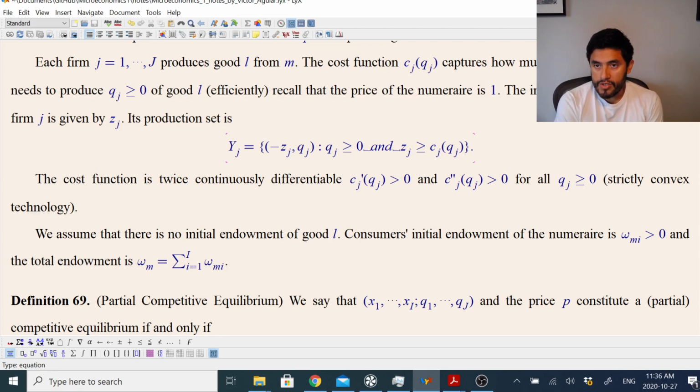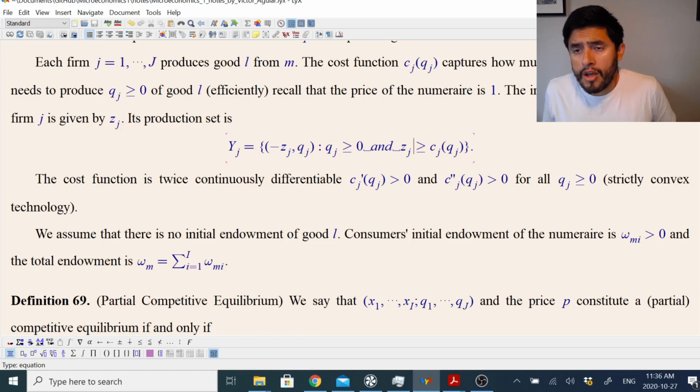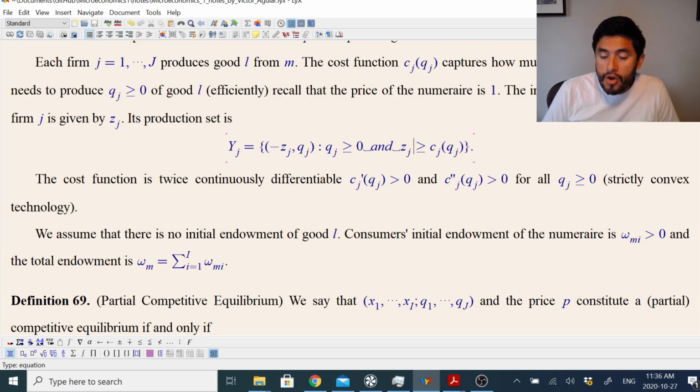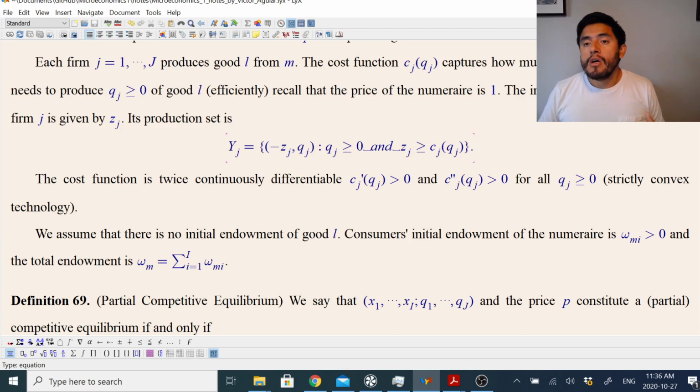So the first derivative is positive, but then the second derivative is also positive, which means that this cost is basically a convex function, okay? So a strictly convex cost is equal to decreasing returns. And that means actually that a convex cost is equal to a convex technology. So the production set is convex, okay?